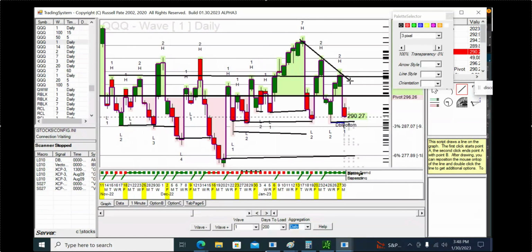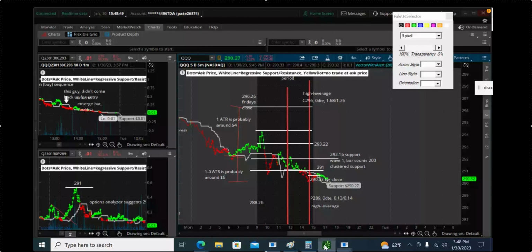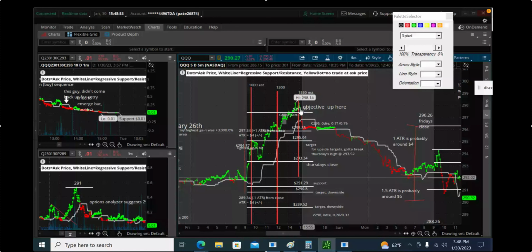And I also know we've got that going on. I don't know what this looks like on a linear graph, but on here it was very suggestive that would be the high on Friday. When we were way down here starting out, a lot of people would be like, oh, I'm up 50%, I'm cutting, or I'm up 100%. But on the graph, I put in the objective up here.